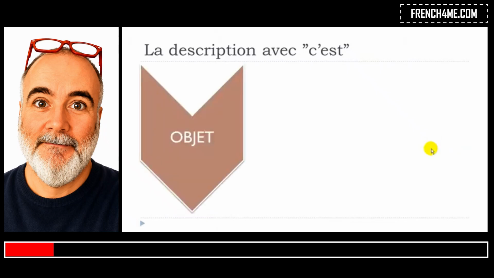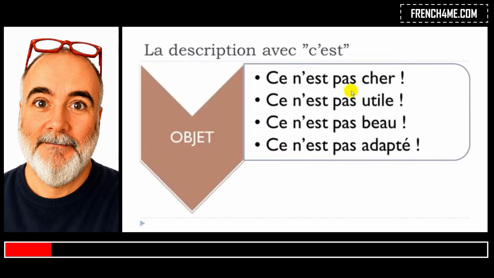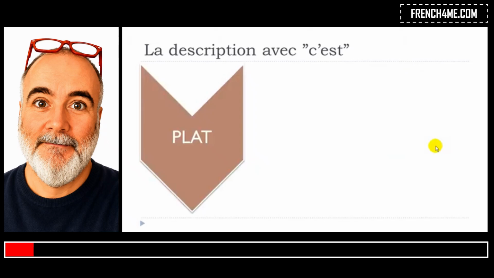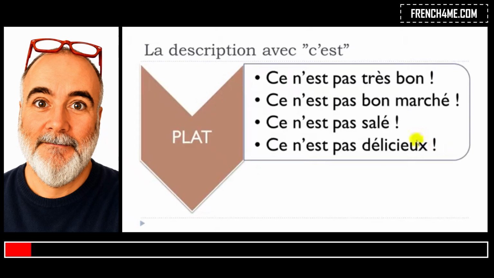An object, ce n'est pas cher, ce n'est pas utile, ce n'est pas beau, ce n'est pas adapté. And then a dish, ce n'est pas très bon, ce n'est pas bon marché, ce n'est pas salé, ce n'est pas délicieux.